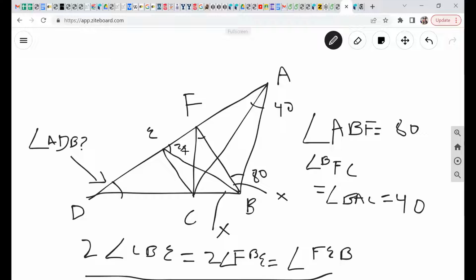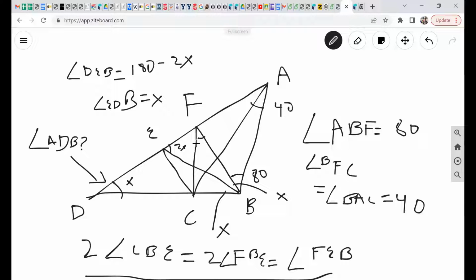Since this angle is X and this angle is 2X, then angle DEB equals 180 minus 2X. And consequently, angle EDB equals X. Okay, so this is X. As a result, this one is isosceles.